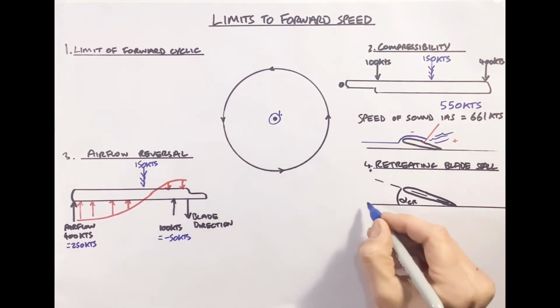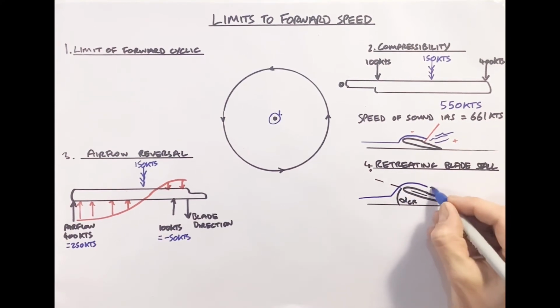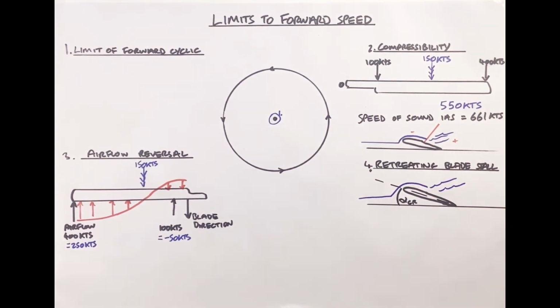And the airflow is quite literally coming over the top of the blade and then starting to stall, because we put so much right cyclic in to try and generate enough lift on the retreating side due to airflow reversal. And now we're starting to find that we're getting a stall occur because we've reached our alpha critical, or our critical angle of attack. So what happens when the blade stalls?